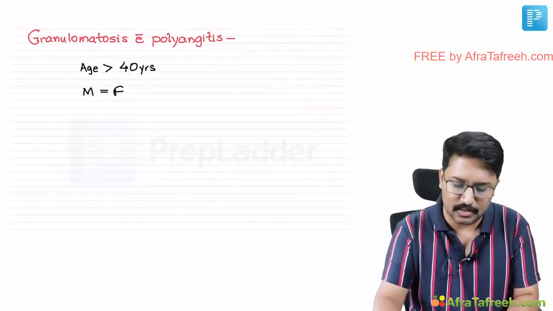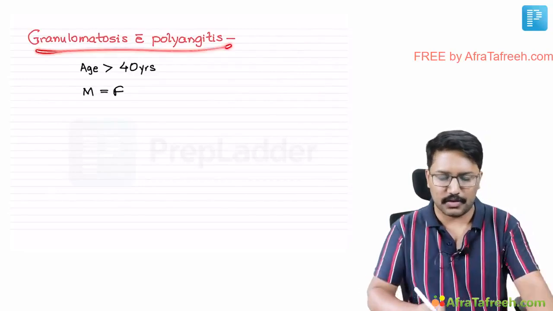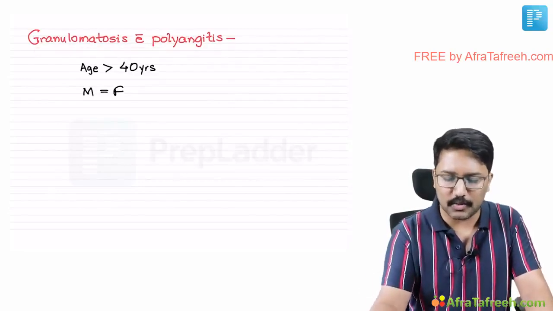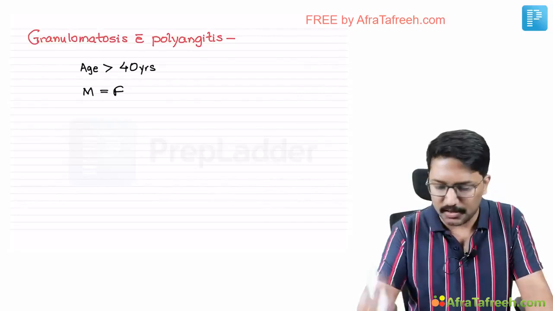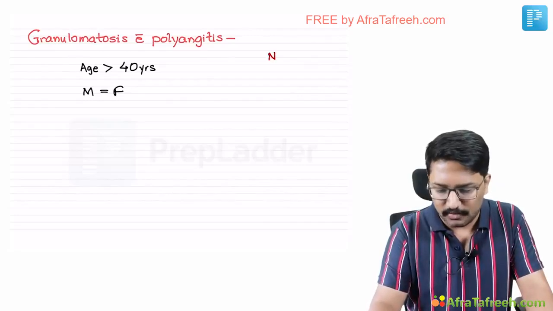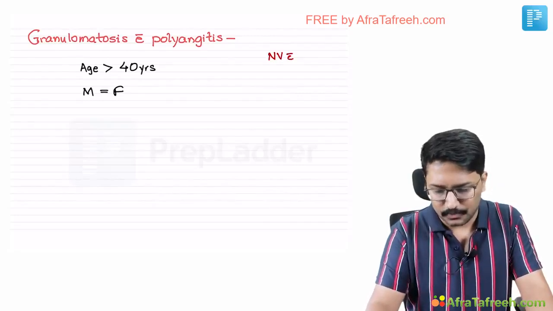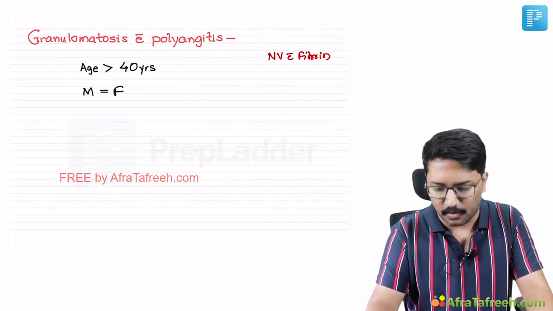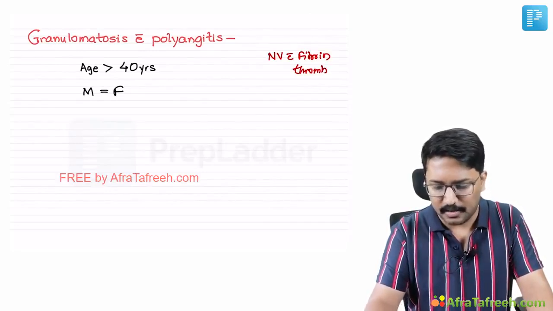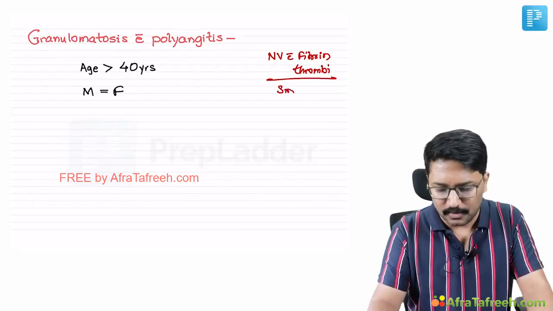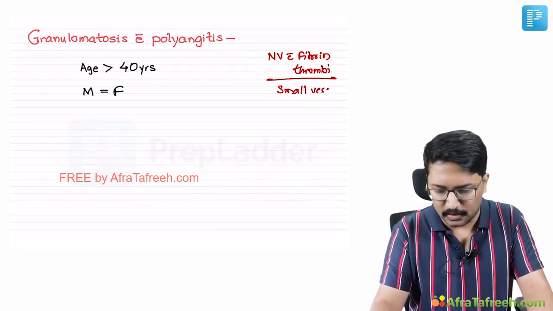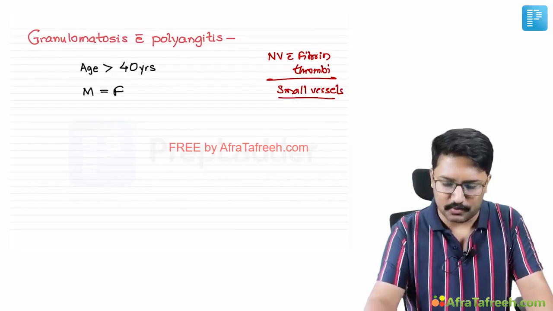That makes things a little clearer. When we are talking about granulomatosis with polyangiitis, we are talking about a patient who has necrotizing vasculitis with fibrin thrombi formation. This is predominantly affecting the small vessels.